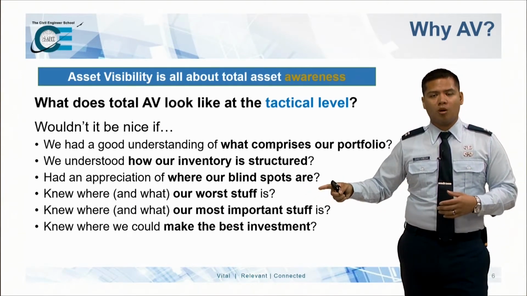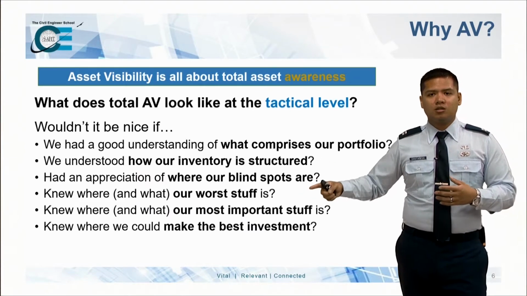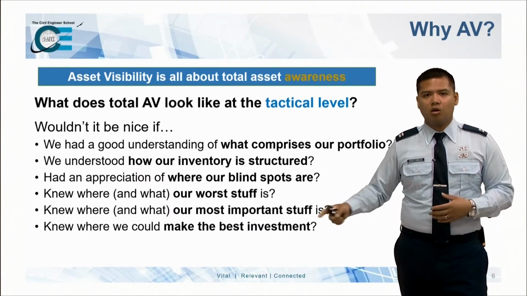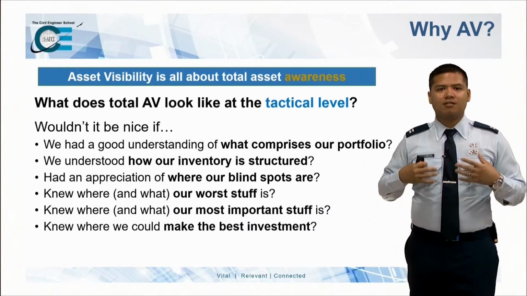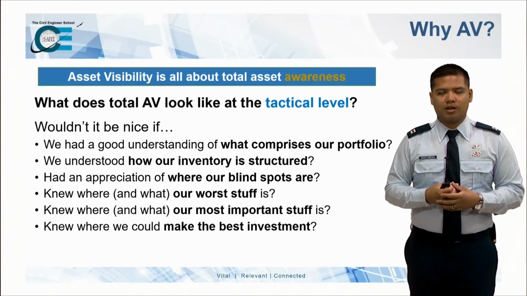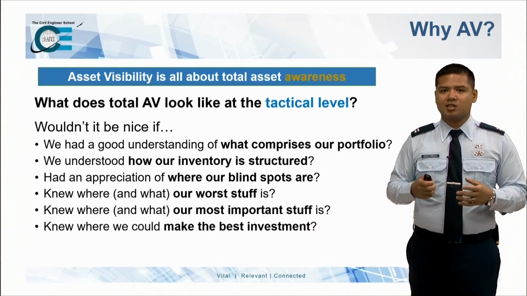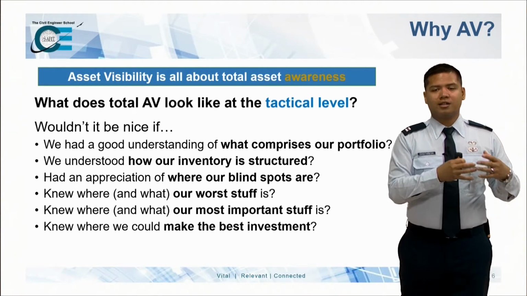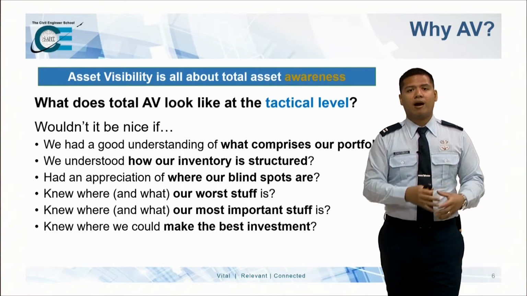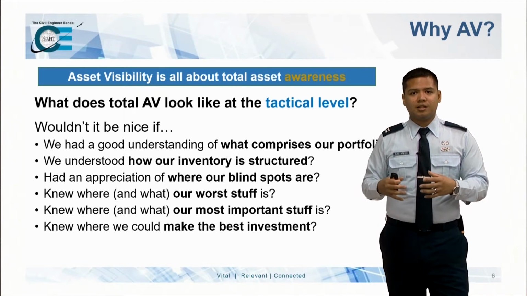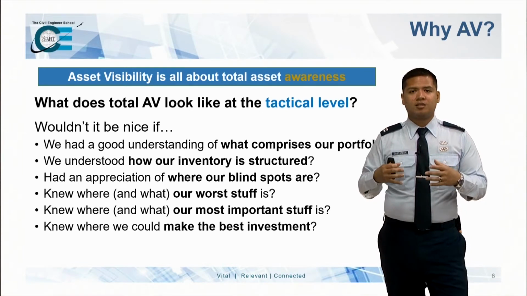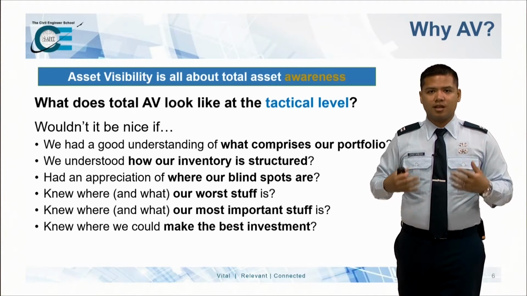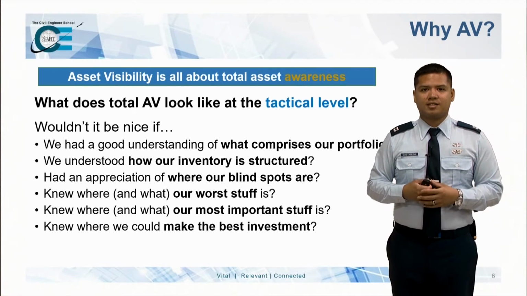And on top of that, what should I actually invest in? Where is my best investment decision going to take place? Okay, so it's not just about how poor our assets are in condition. It's also about how important that asset is, and if it makes good asset management sense to invest in that asset.